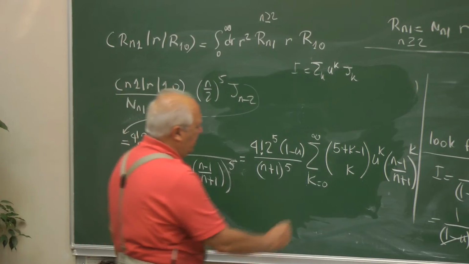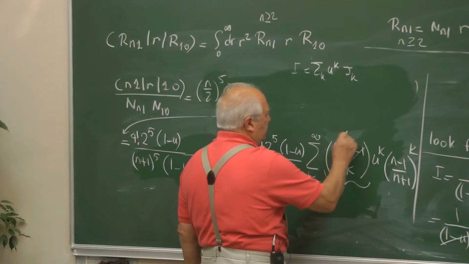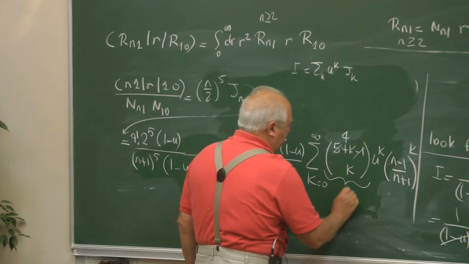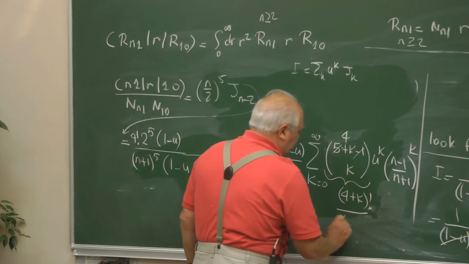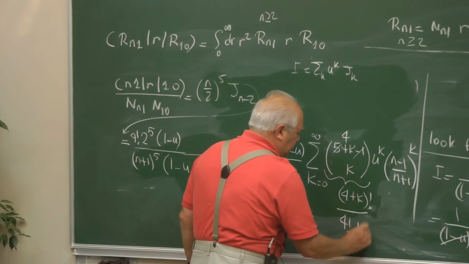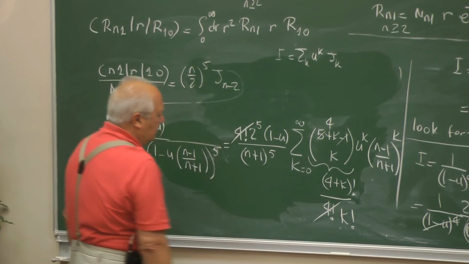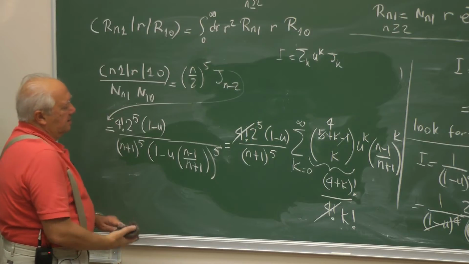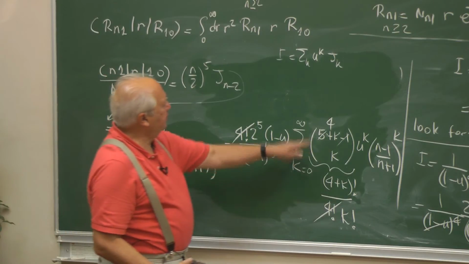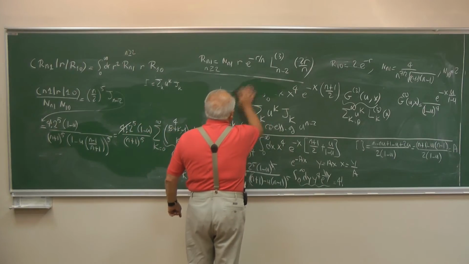So this is 4 plus k factorial divided by 4 factorial times k factorial. And you see this 4 factorial cancels that. All right. Now we will compute and look at the coefficient of u to the n minus 2.